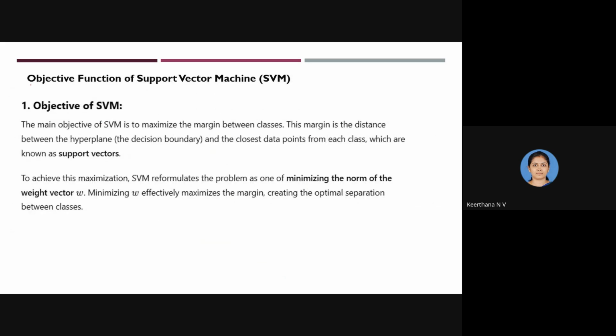So the next one: how do you derive the objective function of the SVM? The main objective of the SVM is to maximize the margin between the classes, as we have already seen. So what is the margin? It is the distance between the hyperplane and the closest points.